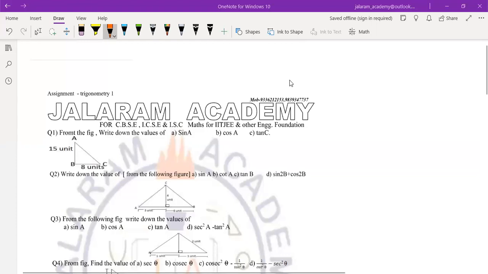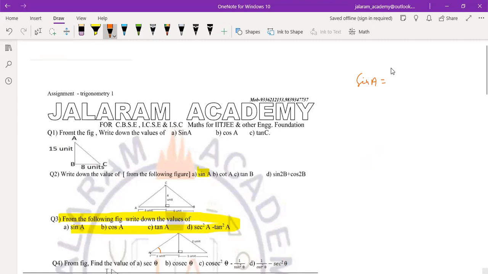Now we are going to discuss some more important problems of trigonometric ratio, like this question number 3. From the following figure, we have to find the value of sine A. We know that this angle is A. So I am giving you a hint this time, as we discussed in the previous question also, which was of the same type.